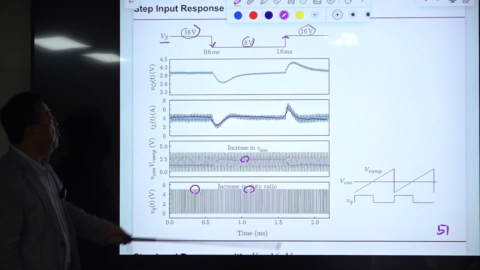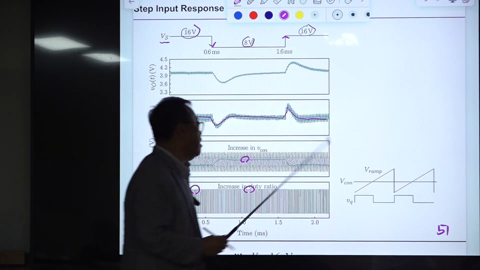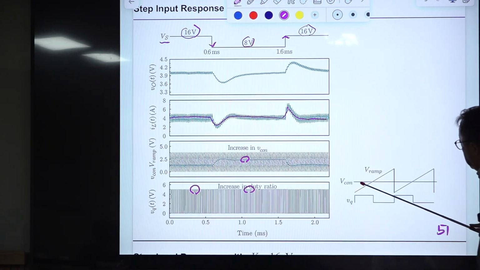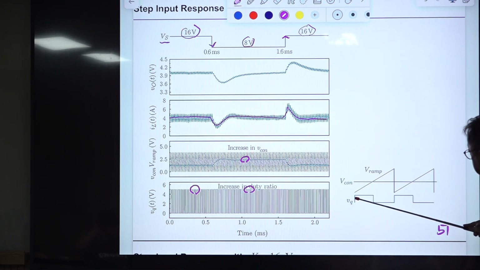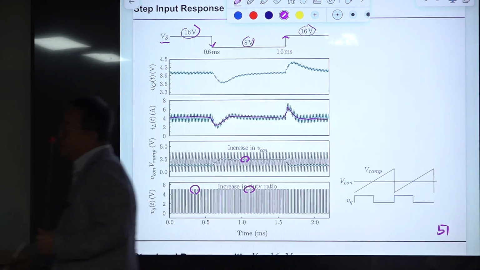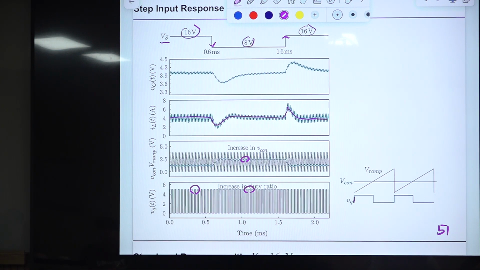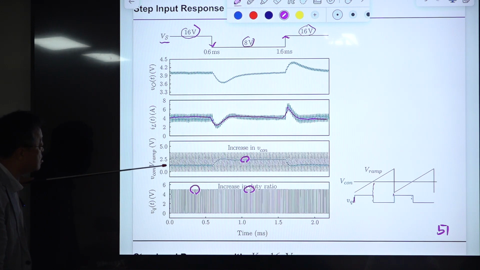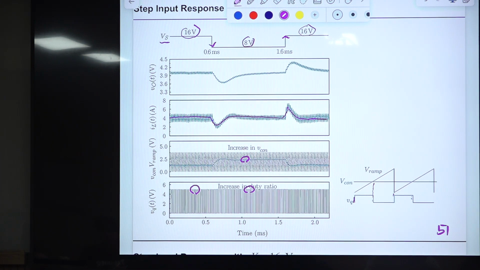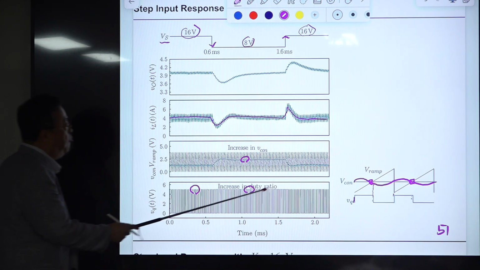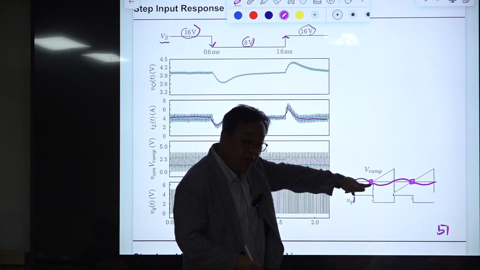Okay, this is the waveform of the feedback PWM block. This is the control voltage and V ramp. This is the switch drive signal. So initially it starts up here, and at this moment it turns on, off, turns on again, turns off again. If you take a look at this control voltage, it has some ripple component. Maybe this is some sinusoidal waveform, something like this. And this transition point is the same, because this ripple component is periodic.